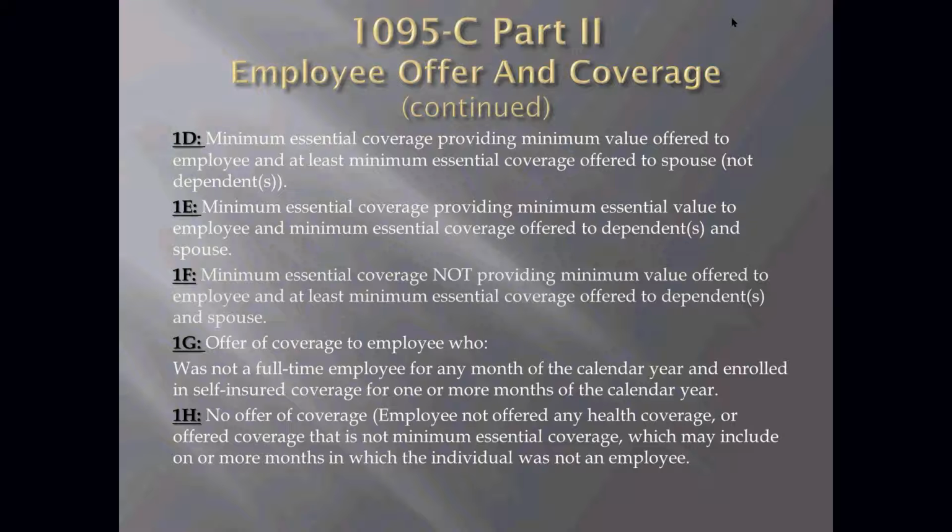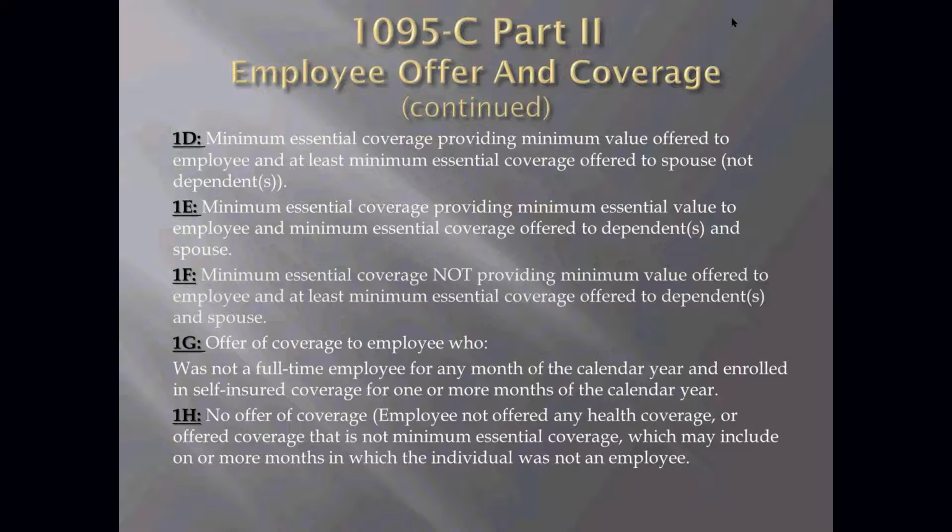Code 1E, I'm still waiting for more information on, because Code 1E is what you're going to use if your costs are more than the $94 per month to the employee. So if you're charging your employees $100 per month for them to get coverage, you'll use Code 1E. If you're charging less than that $93.17 per month, you're going to use Code 1A. Those are your two differences there.